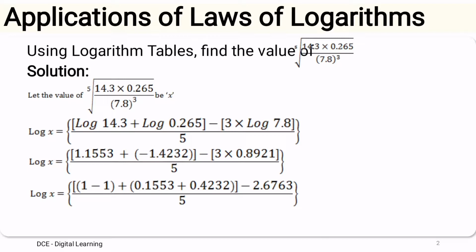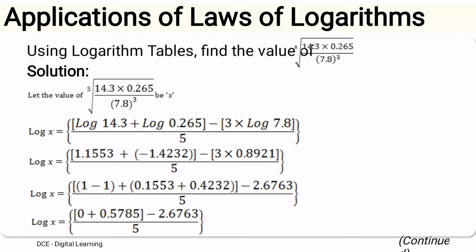This minus 3 into 0.8921, which is 2.6763, the whole divided by 5. So plus 1 minus 1 characteristics get cancelled. What remains is 0.1553 plus 0.4232, which is 0.5785. This minus 2.6763.